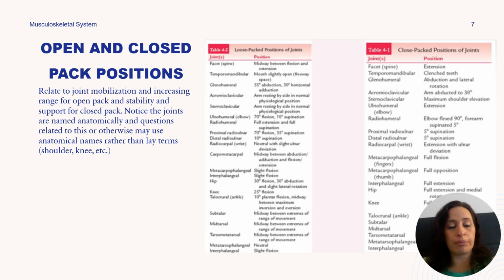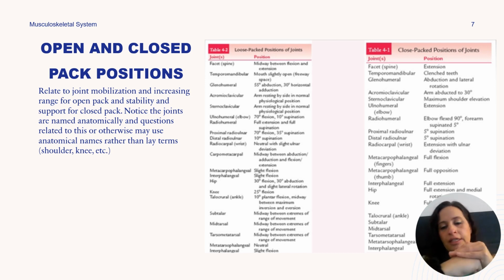And if you remember, your joints are two bones, and they rub together, come together in some type of way, depending on what they look like, condyloid, whatever. A lot of times we look at it like this, one concave, one convex, but not all joints are like that. But either way, open pack is the motion or position where there's a lot of space in between. That means movement can happen.